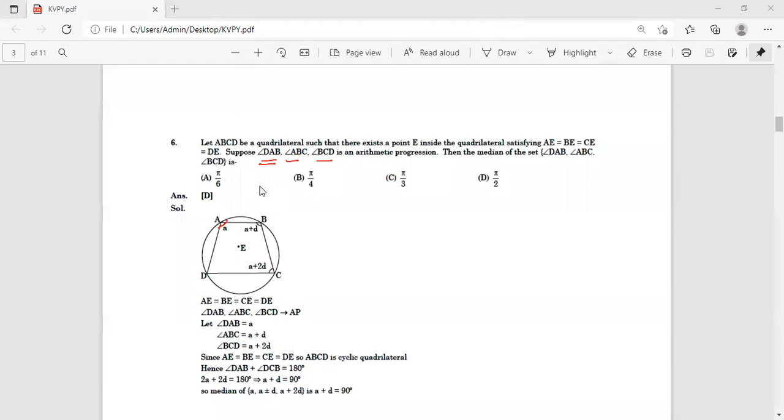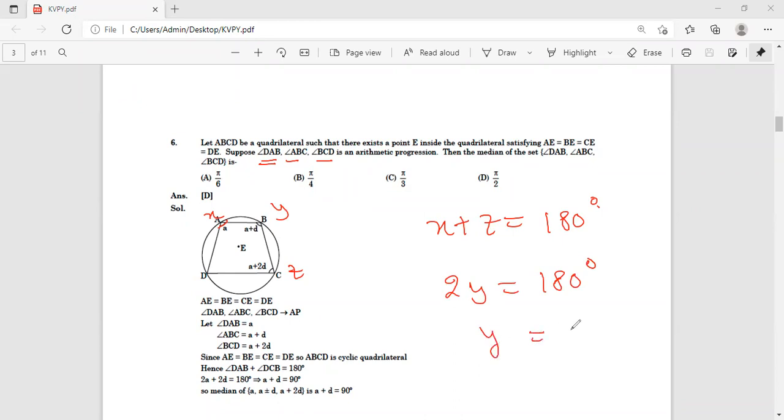So let us say I take them as X, Y, Z. So you know X plus Z is 180 degrees. Now X plus Z is also 2Y. So Y is simply 90 degrees. So that is the median of these three. 90 degrees.